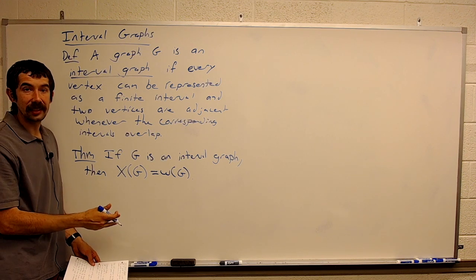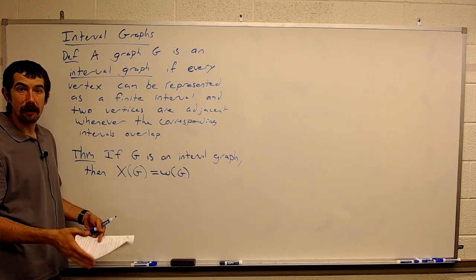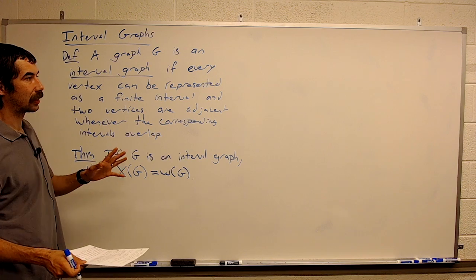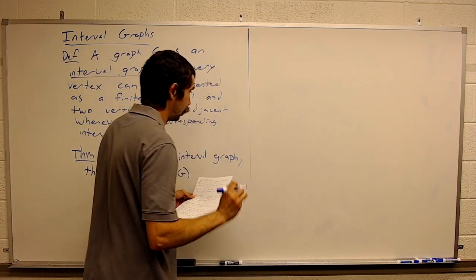Okay, and the clique size in an interval graph is just the maximum location of overlap in the schedule. All right, so let's take a look at an example of how to use interval graphs.